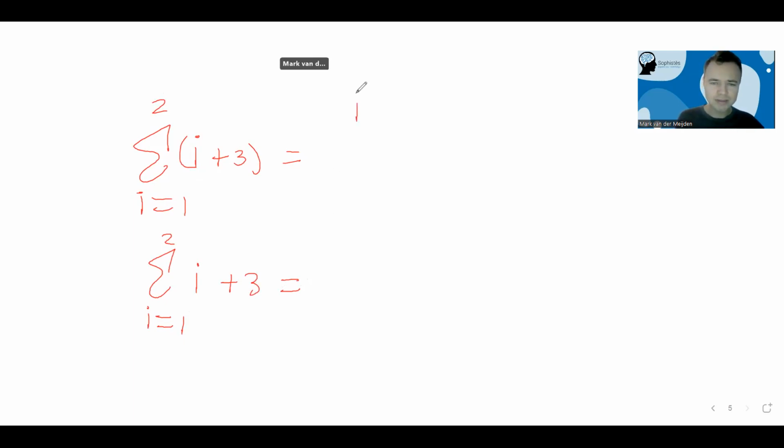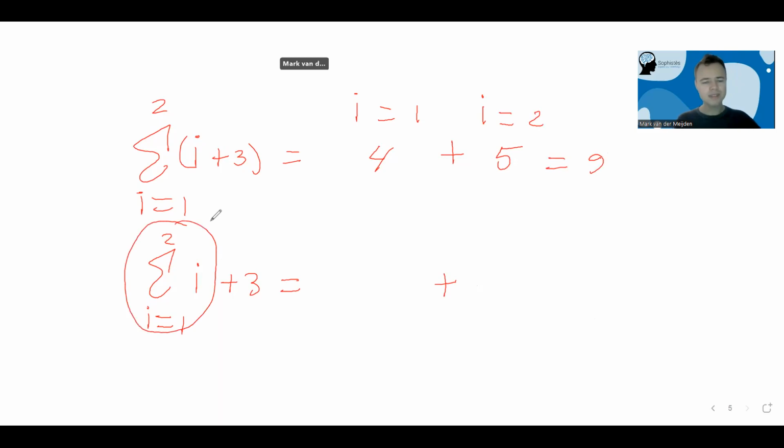Well, the difference is that in the first equation, the 3 is part of the summation, and in the other one, the 3 is not. So here you will get 4. Here you get 5. So you end up with 9. You see that?